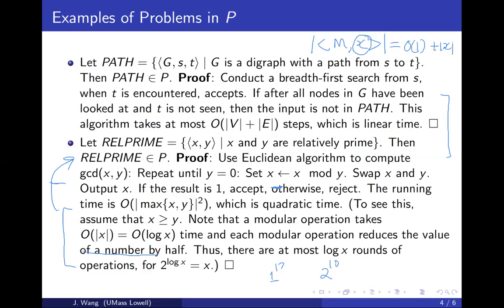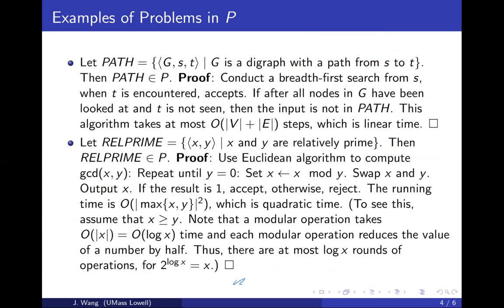Now let's look at some examples of problems in P. I'm sure you have already looked at problems that are in P, such as the data structures you learned, and the operations such as pushing an item to the stack or to the queue.